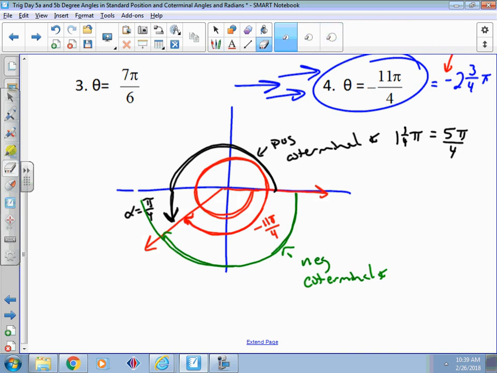I only had 3/4. I just answered my own question, didn't I? I had 3/4 of a pi, right? Half a circle would have been pi. I was short by pi over 4 radians. So I have 3/4 of a pi radians. But I went in the negative direction, so that negative coterminal angle would be negative 3/4 pi.